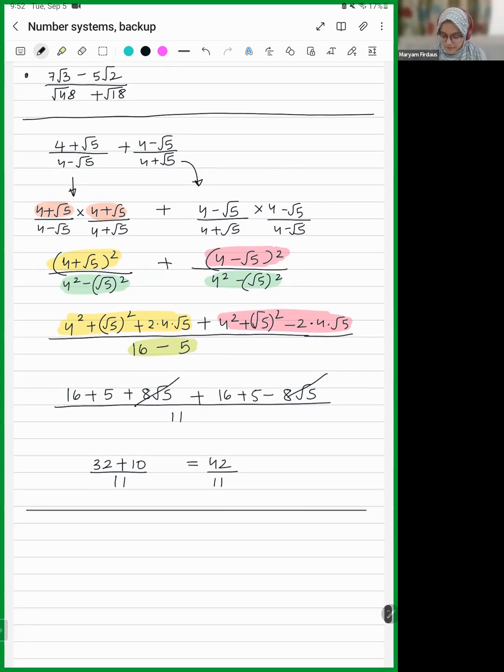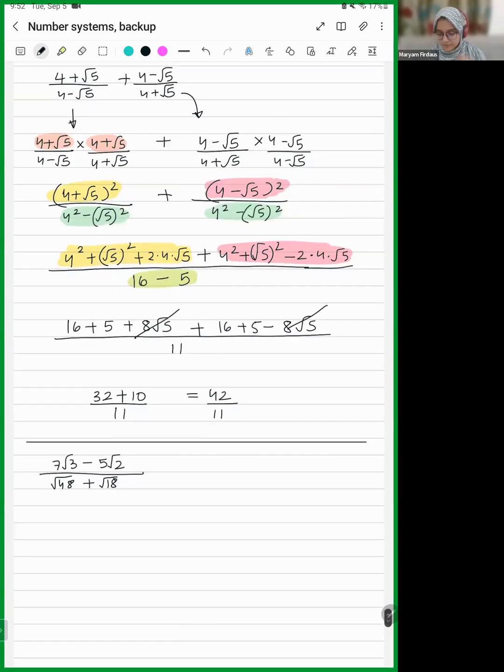Has anyone solved this? 1 second. Okay. Ma'am, 144 is the square of 12, right? Yes.